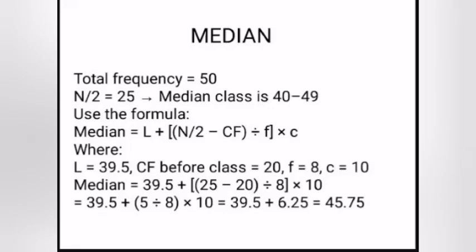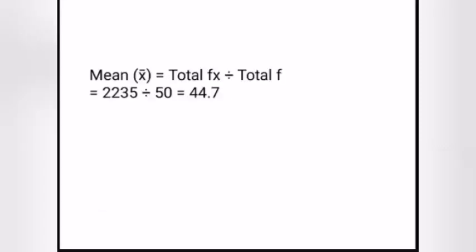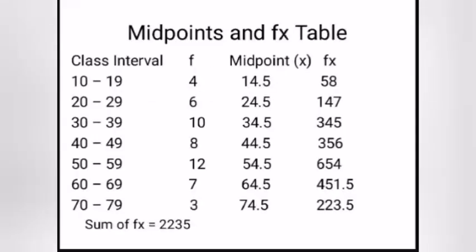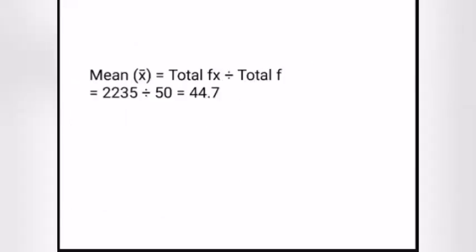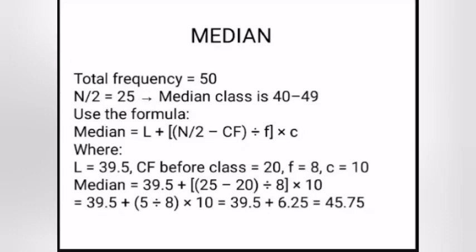So n over 2, that's 50 divided by 2, 25. So we've gotten n divided by 2 is 25. So we'll get our median class using this.